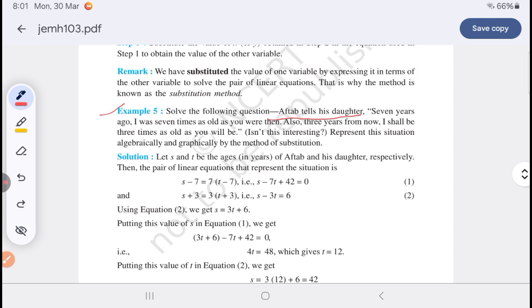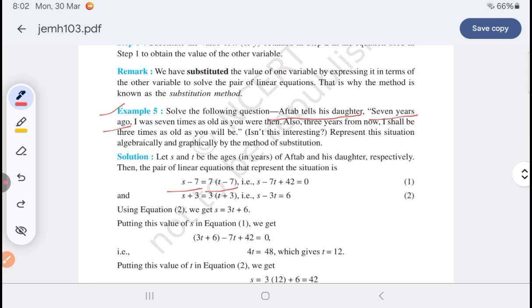So this is interesting now. This representation you can do graphically and algebraically. Let us consider S and T the ages of Aftab and his daughter. S is the age of Aftab, T is the age of his daughter. From the first condition, 7 years ago, his age is S minus 7, and that is 7 times T minus 7.